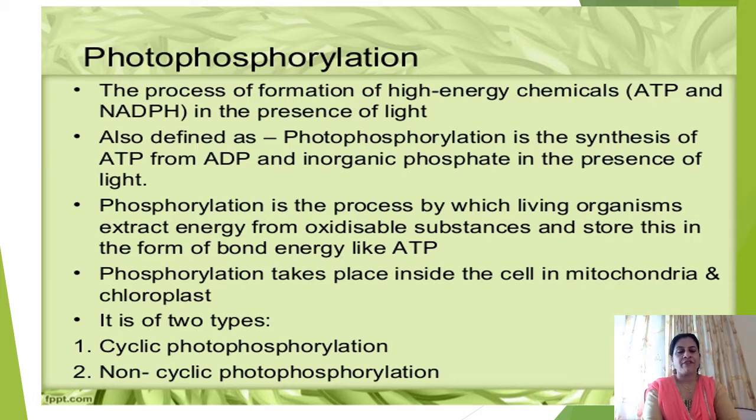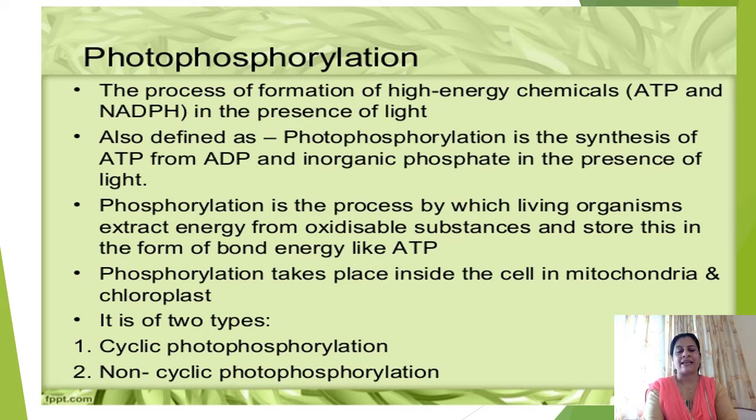The formation of ATP is called photophosphorylation, as it occurs in presence of light. There is addition of phosphorus to ADP and ADP becomes ATP. Hence the process is called photophosphorylation. It occurs in two ways.